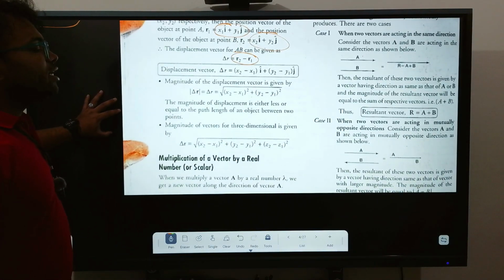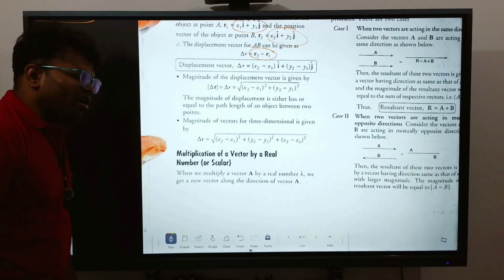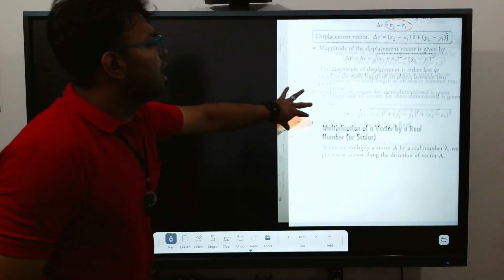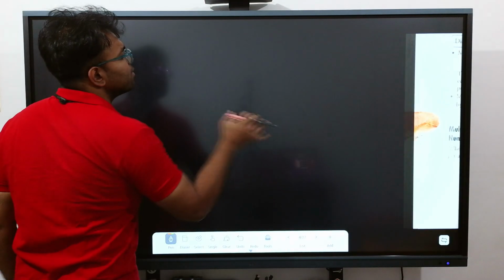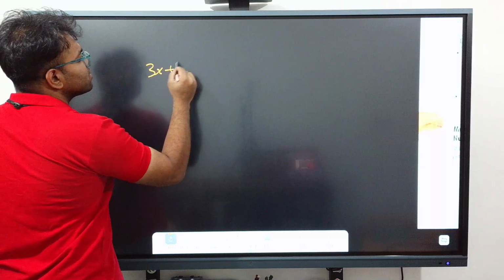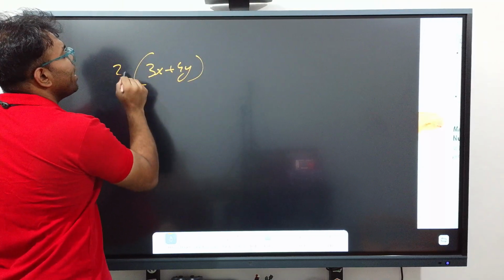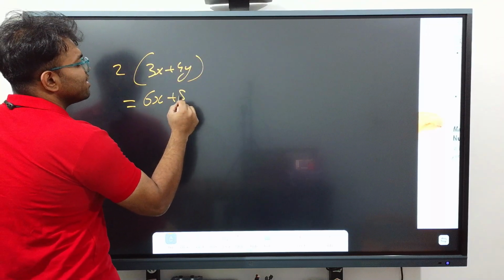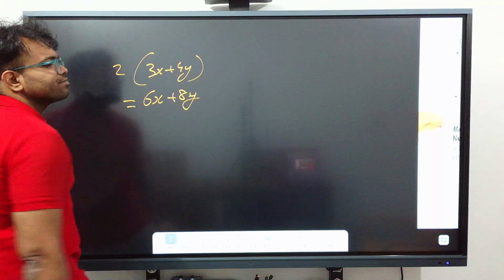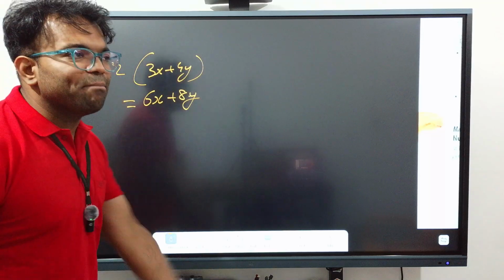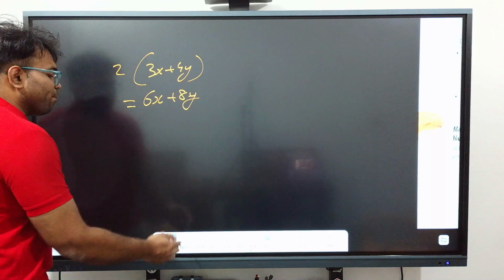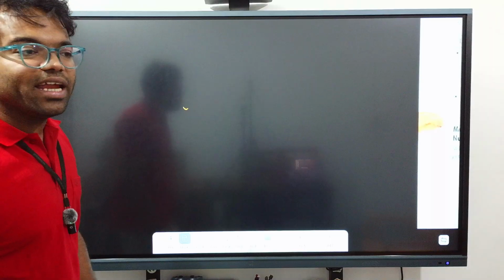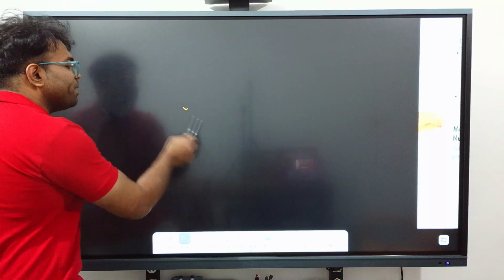Now, multiplication of a vector by a real number or a scalar quantity. So Drupad, look at this. When you had 3x plus 4y and multiplied it by 2, what did you get? 6x plus 8y. It's as simple as that. If you are multiplying a vector by a scalar, a value that does not have any direction, the multiplication is pretty straightforward.